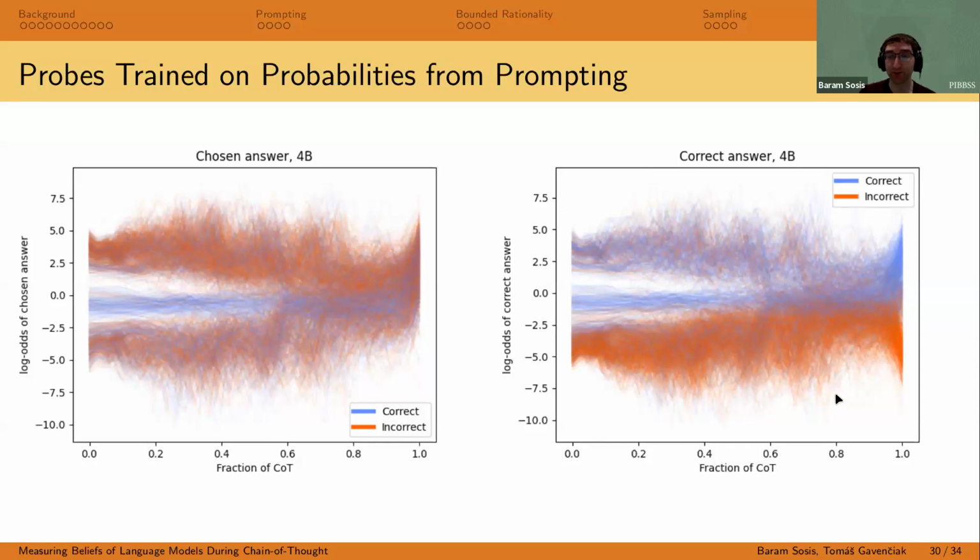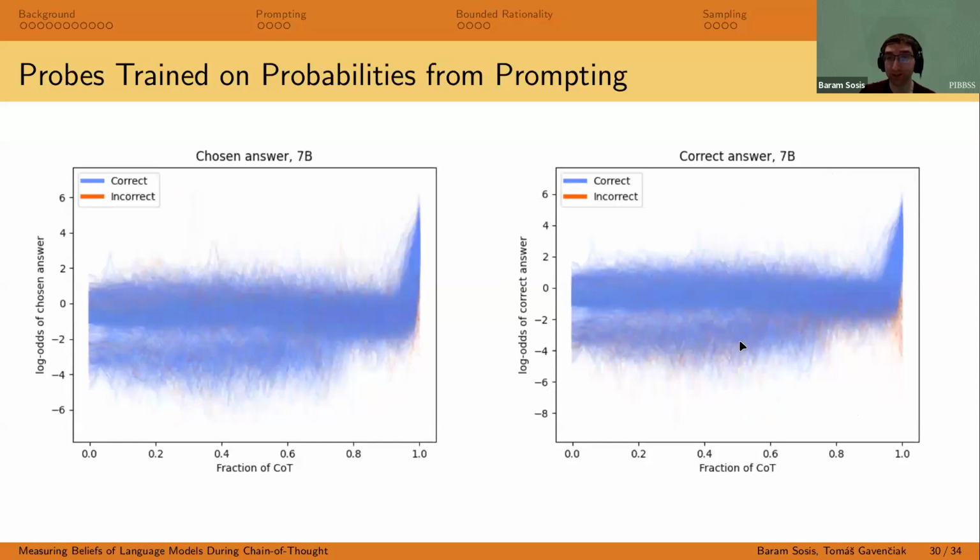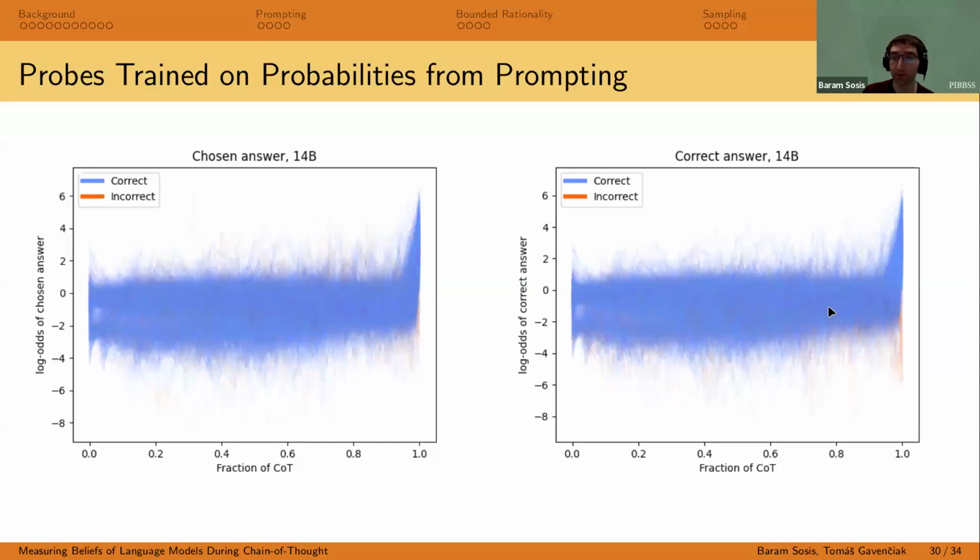It's got all sorts of strange behavior here. Then the 7 billion model is mostly normal, although it does have this weird lower split in the trials. Some of these trials are in this lower cluster here. And then the 14 billion model is again mostly just noise until it gets to the very end.